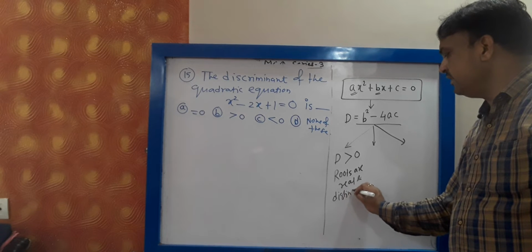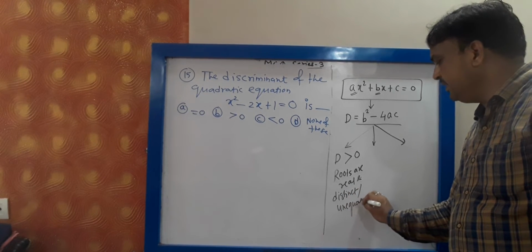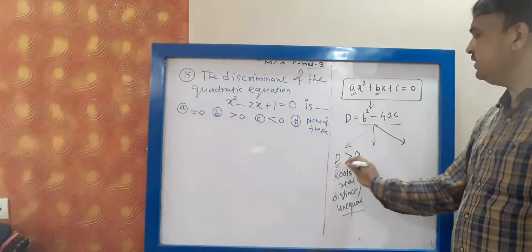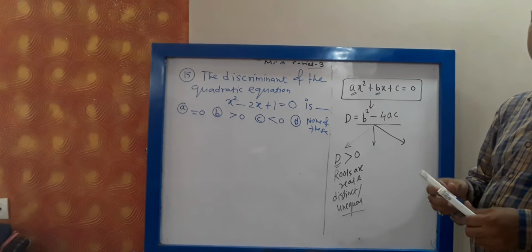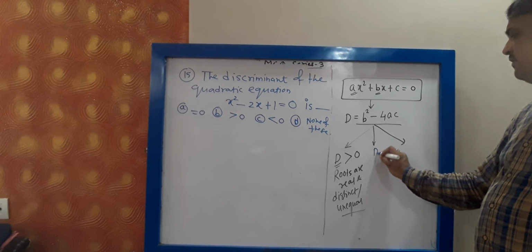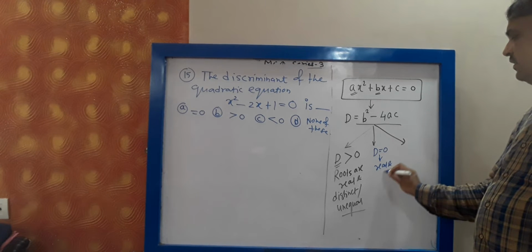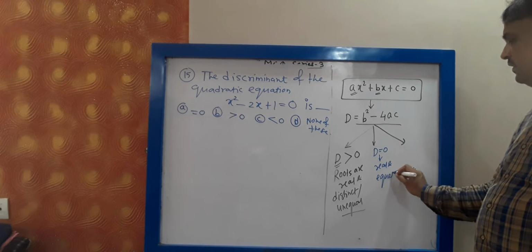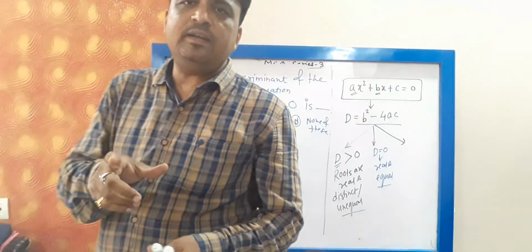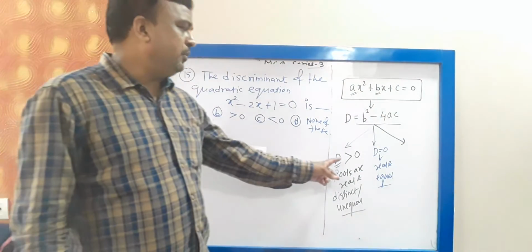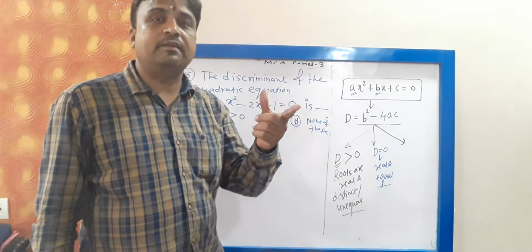Distinct means unequal. And if D is equal to 0, then roots are real and equal. If D is positive, roots are real and unequal or distinct.